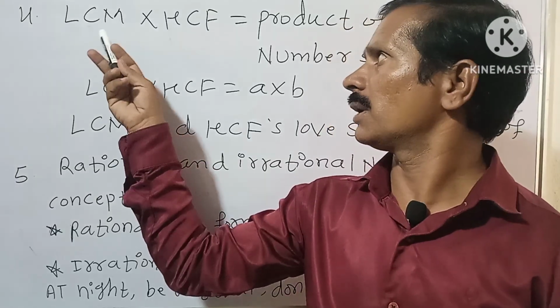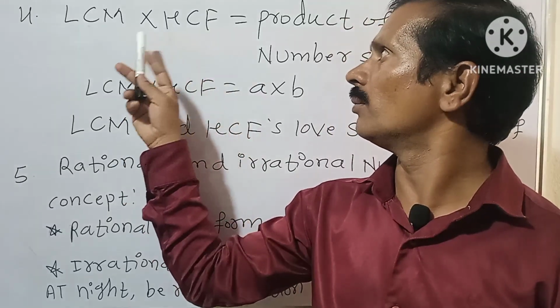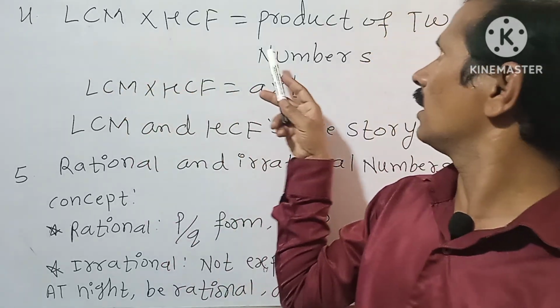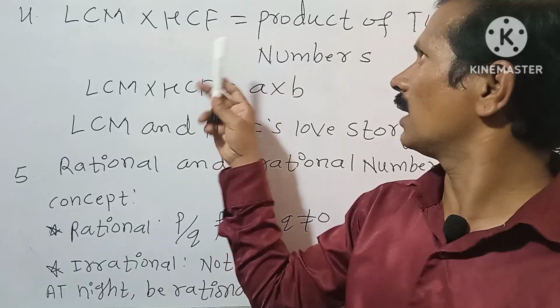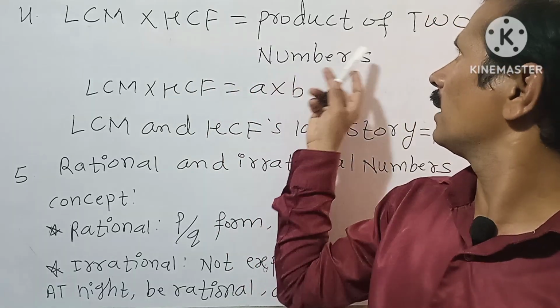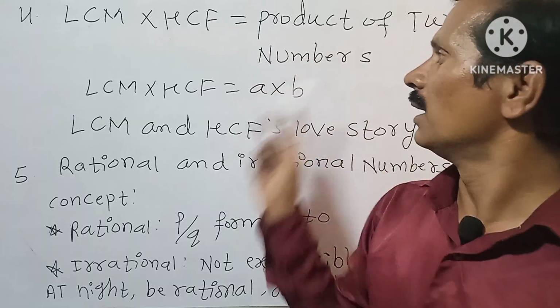For any two numbers, multiply their LCM and HCF, and then multiply the two numbers themselves. Both answers will be the same.